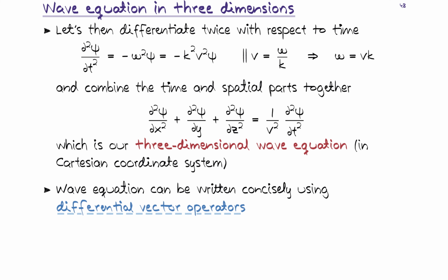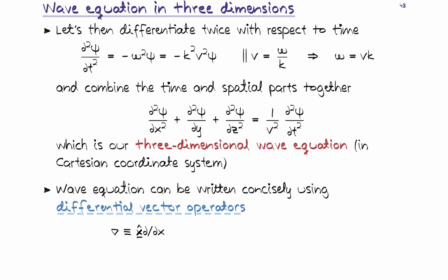And now we can clean the notation quite a bit by just using differential vector operators. So especially at this point, it's good to reintroduce to you the gradient. So the triangle upwards, and this is an operator defined so that we take the partial derivative along x, and this is a vector operator.